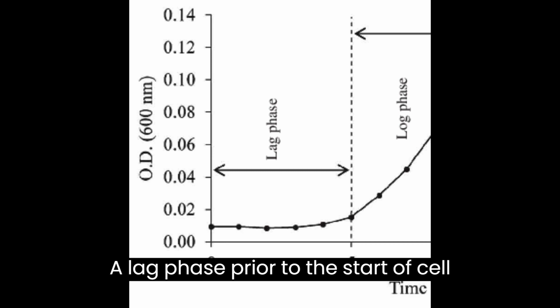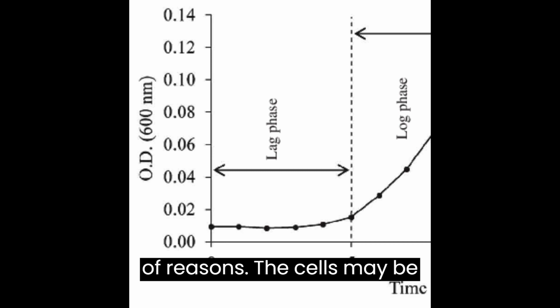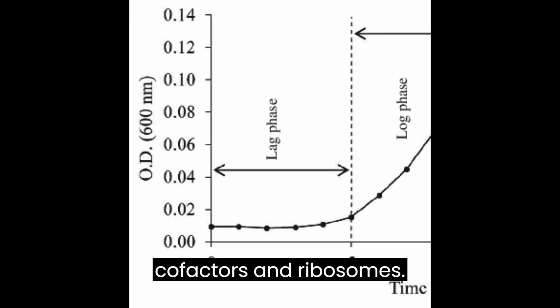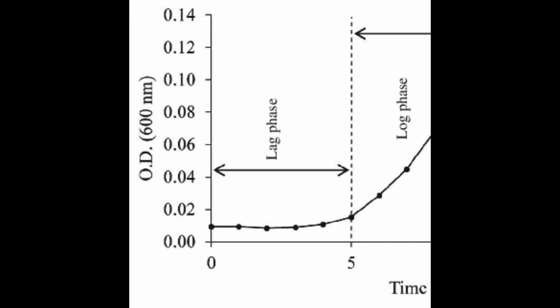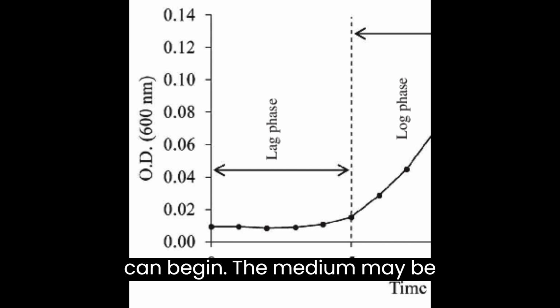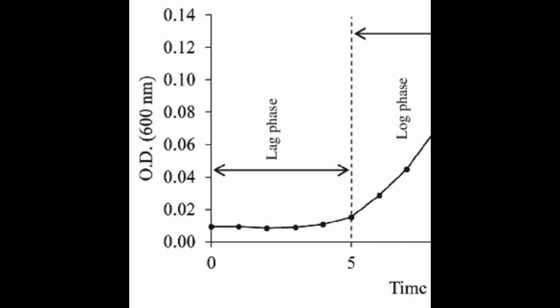A lag phase prior to the start of cell division can be necessary for a variety of reasons. The cells may be old and depleted of ATP, essential cofactors, and ribosomes. These must be synthesized before growth can begin. The medium may be different from the one the microorganism was growing in previously.